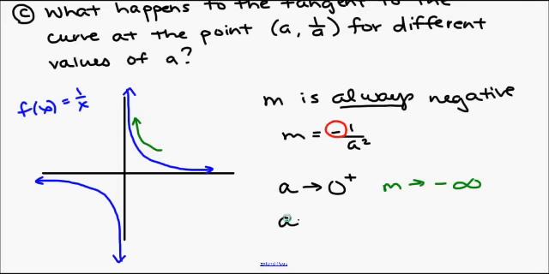And then as a approaches 0 from the left, this way, again, you're getting very steep to the point where it's looking like a straight line. Your slope is approaching negative infinity. Again, it is still negative because your slope is always negative.